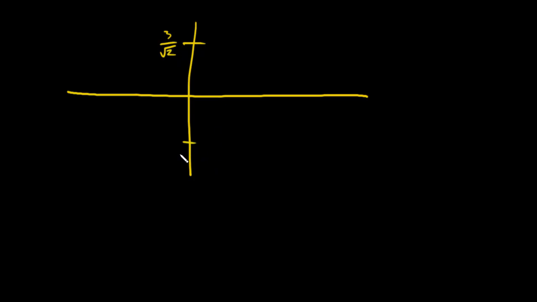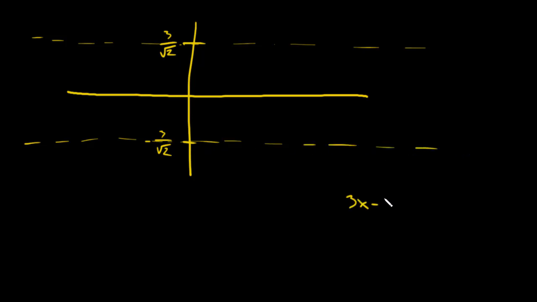And down here is going to be negative 3 over root 2. Okay? So I've got a horizontal asymptote, something like that, and the same thing down here. If I graph that function out, and the function was 3x minus 2 over the square root of 2x squared plus 1, I wind up with a graph looking something like this.